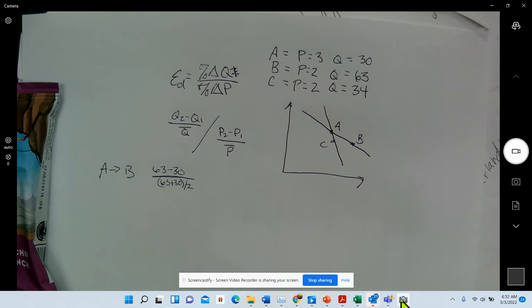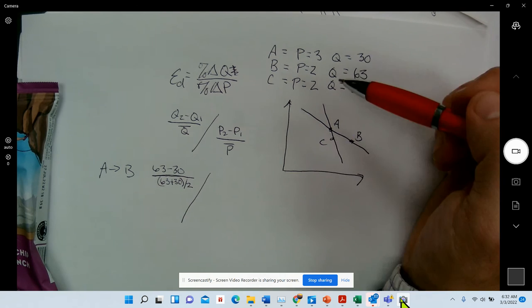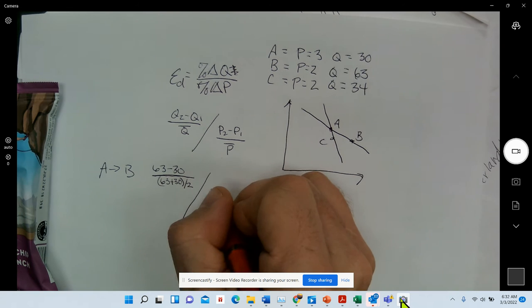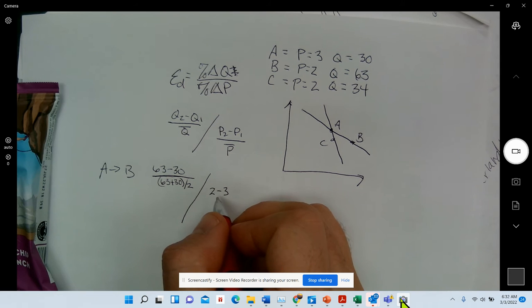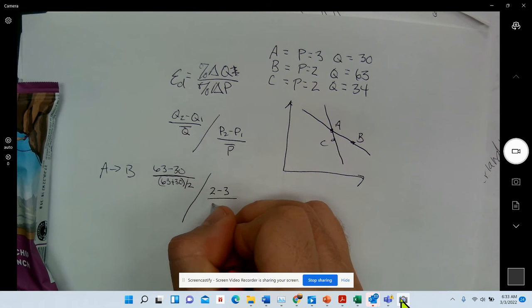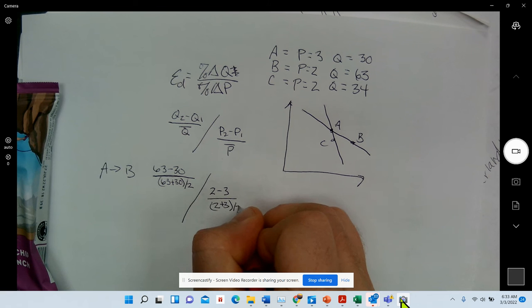And then we're going to do the same thing for P. It'll be 2 minus 3, and then P bar is going to be 2 plus 3 divided by 2.